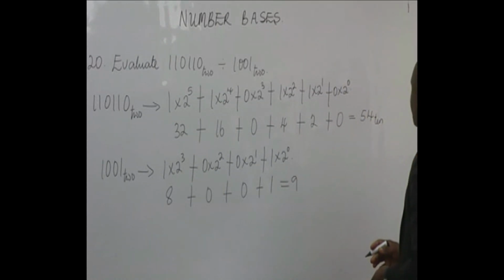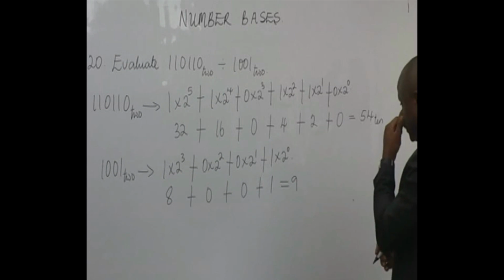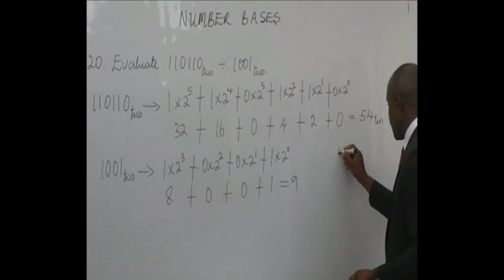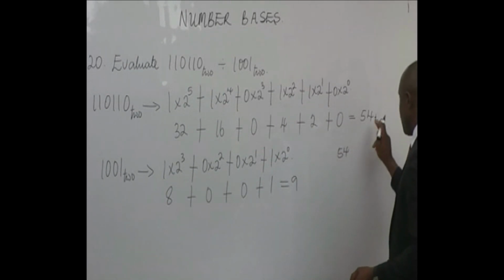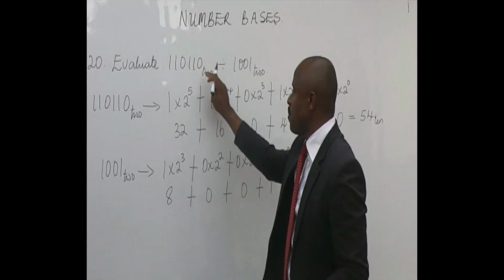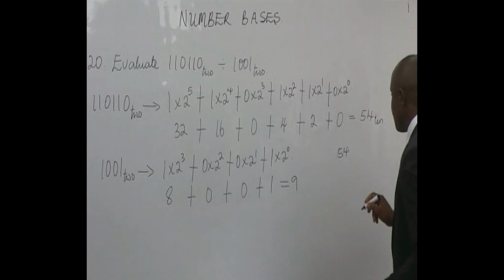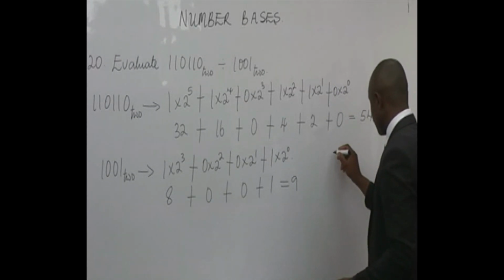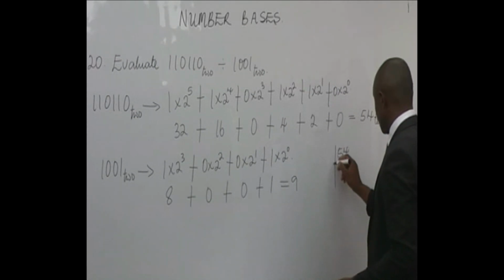Now what we have to do is divide 54 base 10, which is the same thing as 110110 base 2, by 9.